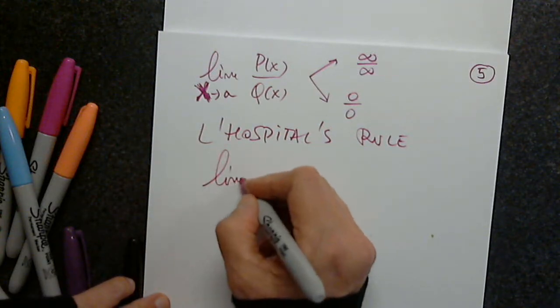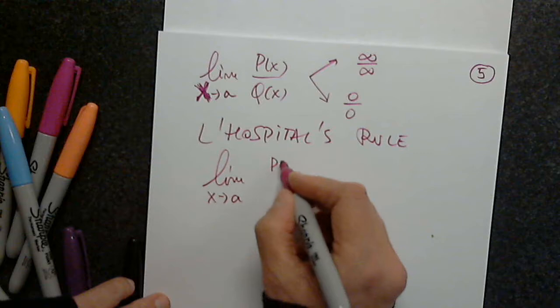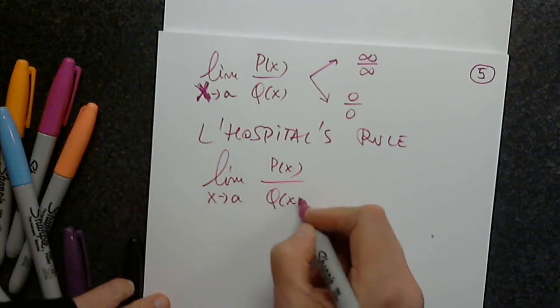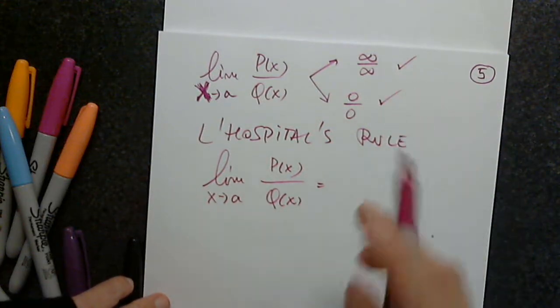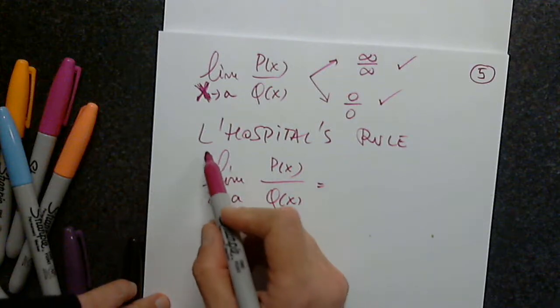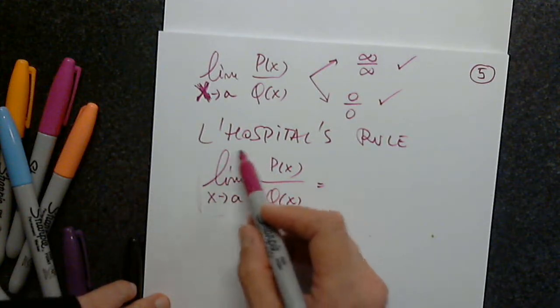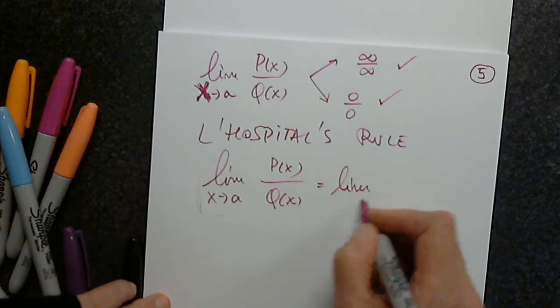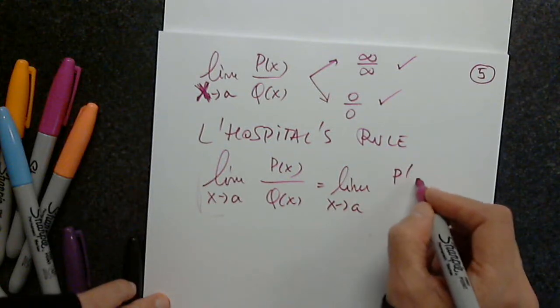So the limit as x approaches a of p of x over q of x in these two particular situations, and only if it's a limit, allows us to do this.